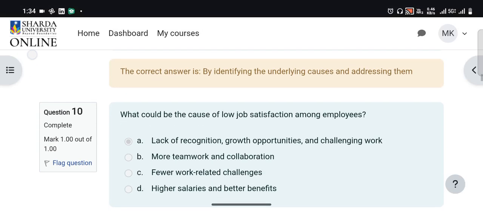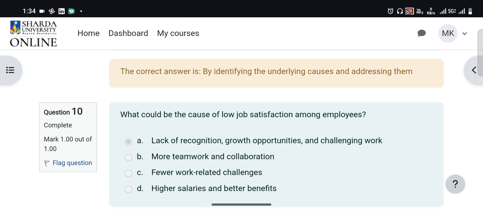Question number 10. What could be the cause of loss of job satisfaction among employees? Option A. Lack of recognition, growth opportunities and challenging work. Option B. More teamwork and collaboration.